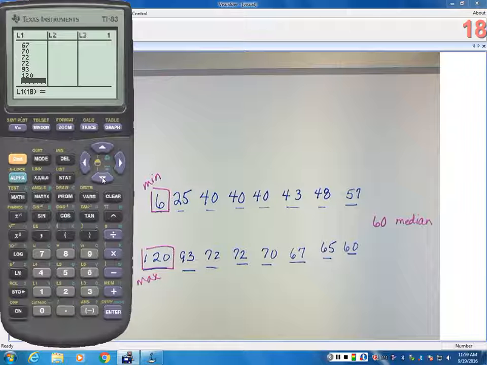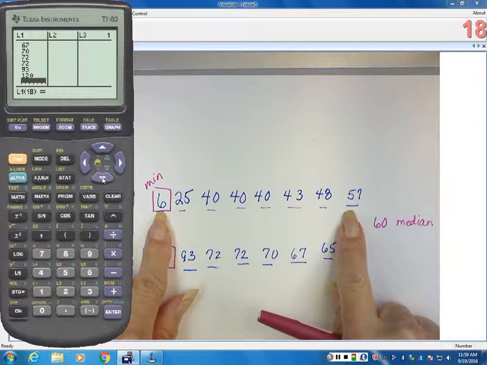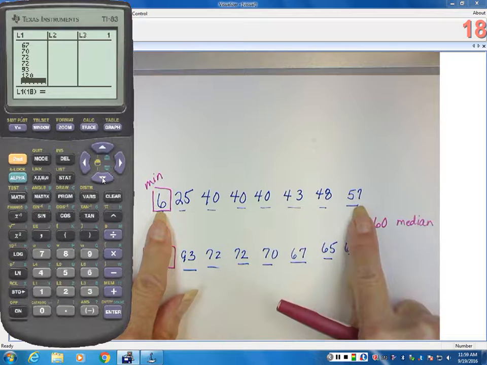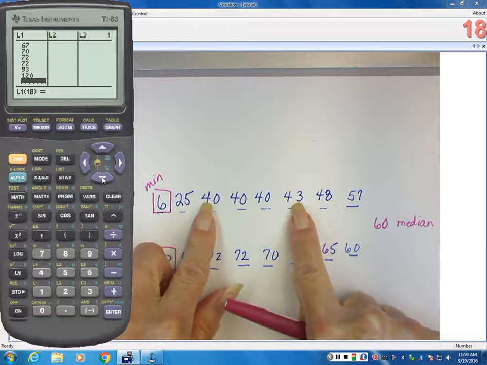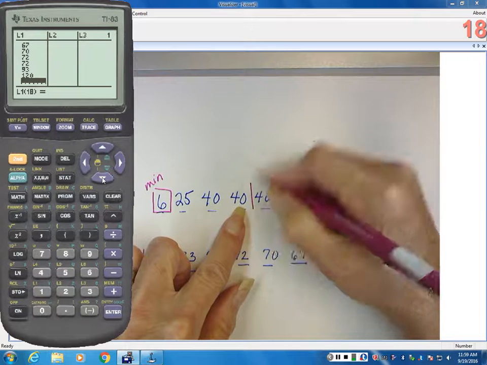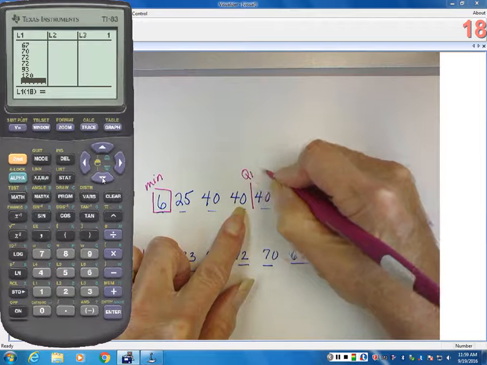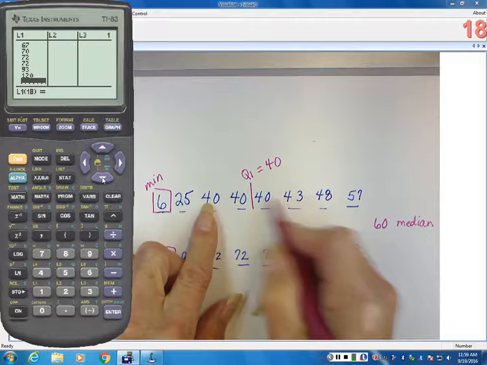My first quartile is the center of the lower half. So between 6 and 57, but not looking at the values themselves, I'm just going to count into the middle. So the middle here, the first quartile, is 40 because both of those are 40.